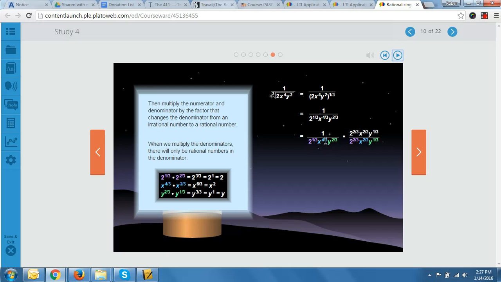X to the 4/3, I'm going to multiply by x to the 2/3, because 4/3 and 2/3 is going to give me 6/3, which is the same thing as 2. And then y to the 2/3, I'm going to multiply by y to the 1/3, because 2/3 and 1/3 is going to give me 1 whole. Because this one was already an improper fraction, we had to round that up to get to our next whole number.